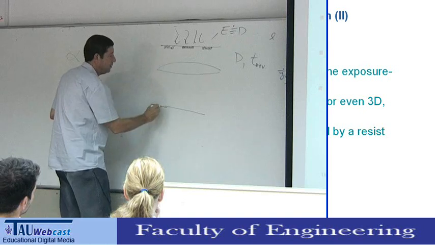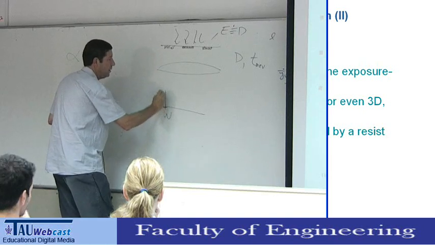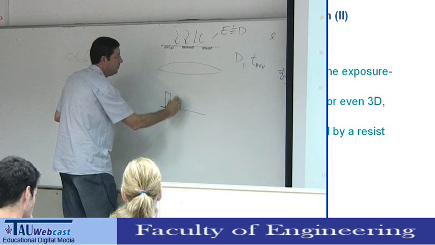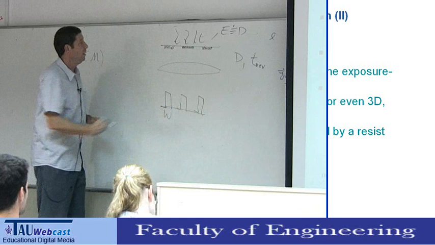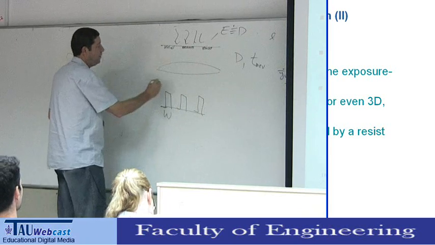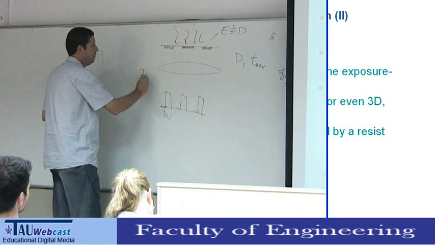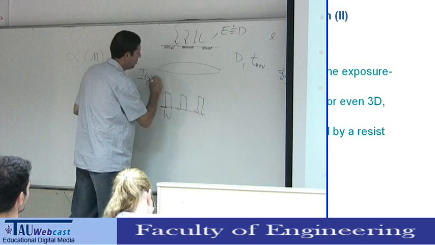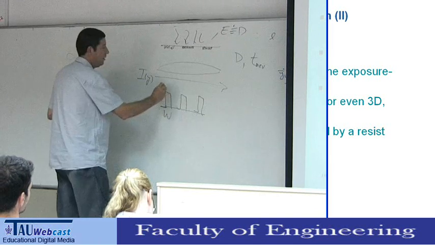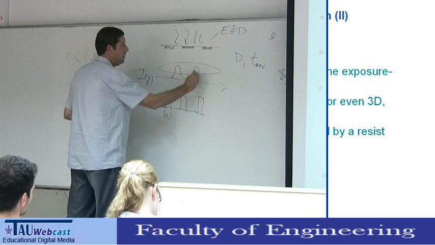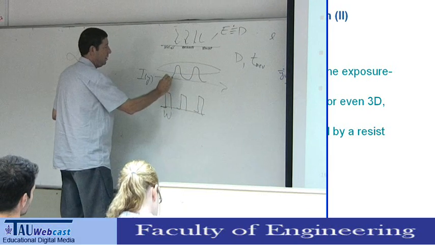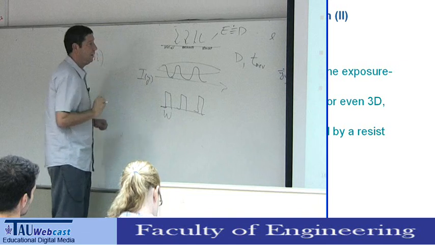So where it is dark, on the wafer, I will get the photoresist here, here, and here. If I plot the light intensity, I, as a function of y, in this direction, here I will have light, here no light. Here I have light, here no light, here no light, here I have light.